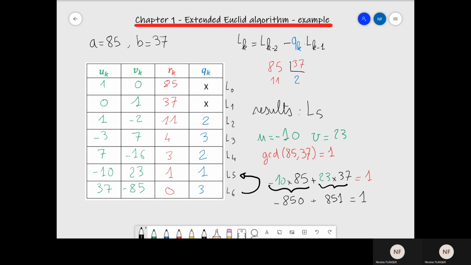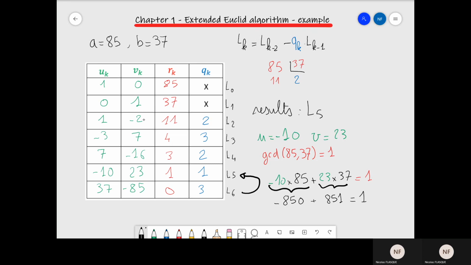Now, some things to check that the calculation is going okay. You can check during the calculation that things are going right. Perhaps what you can note is that apart from the first two lines, the Uk and Vk coefficients in the same line have opposite signs.